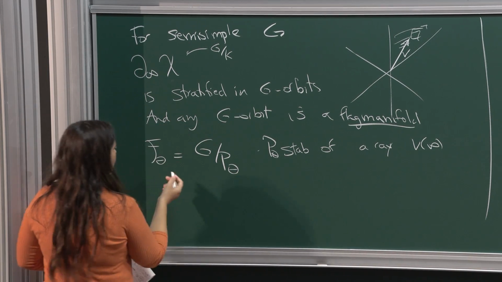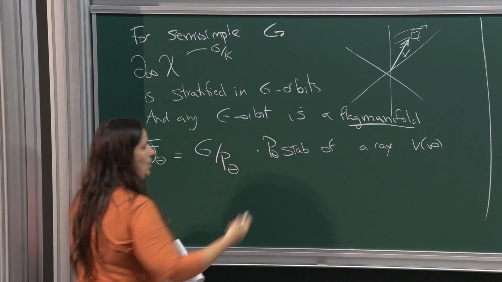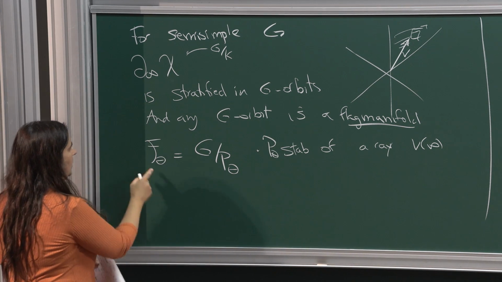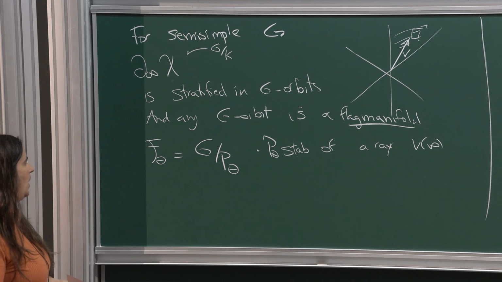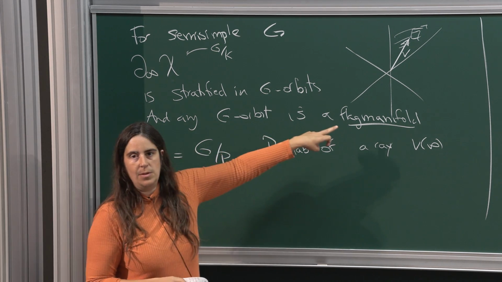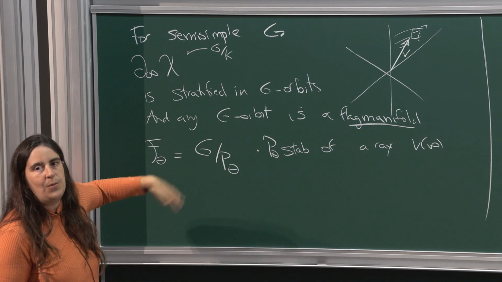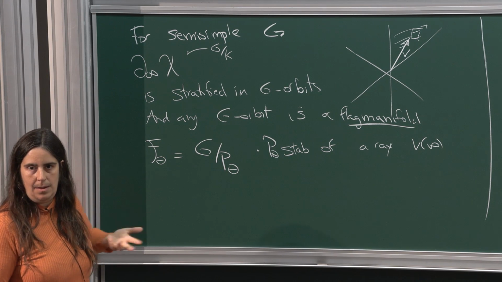Another way of thinking about this, so this is the more Riemannian geometric way of thinking about these objects. The more linear algebra way of thinking about it, that's why it's called flag manifolds, is because these are very often flags of subspaces with some properties.